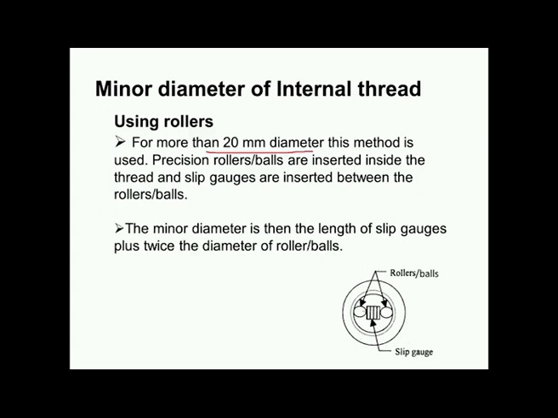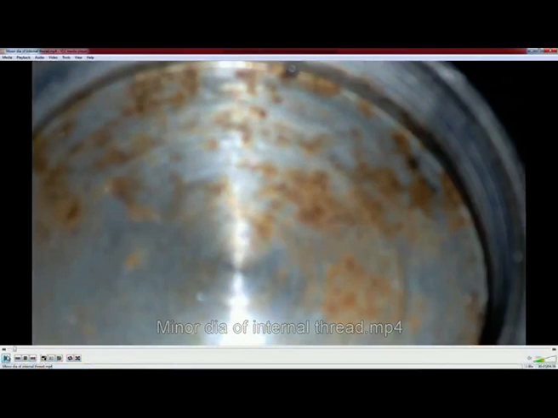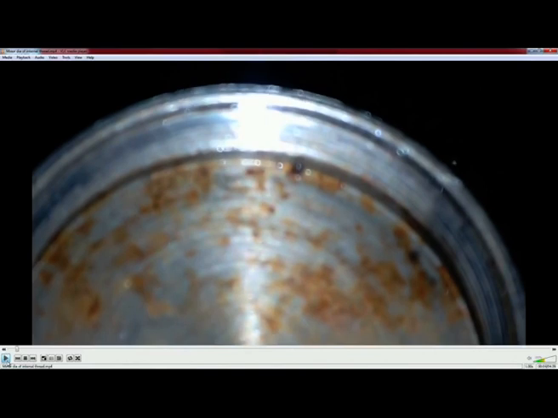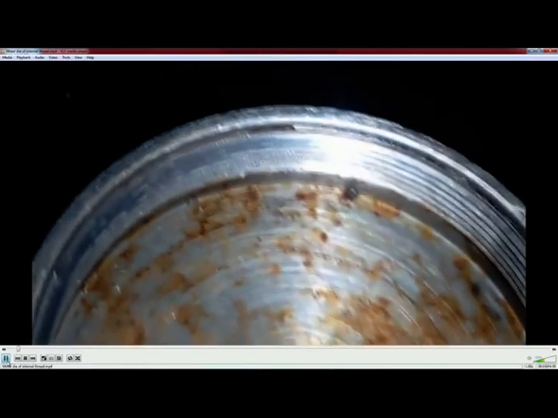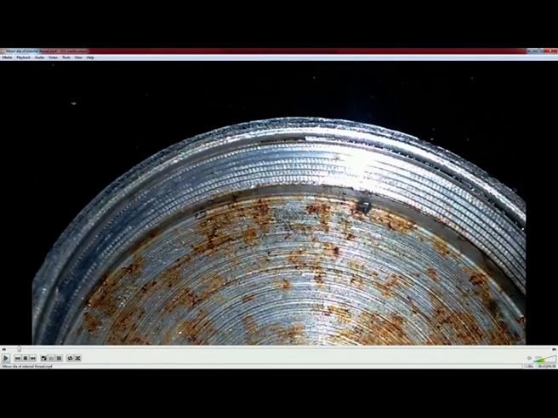Now, let us conduct an experiment to show the measurement of minor diameter of internal thread. Here you can see a component having internal threads. You can see these are the internal threads.